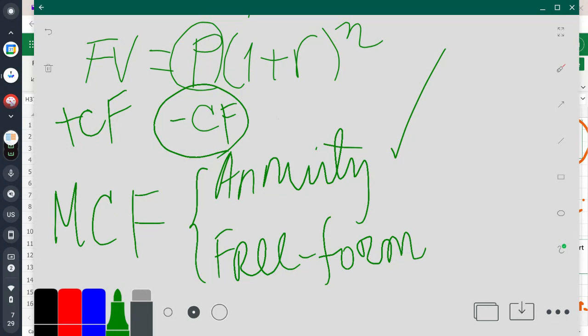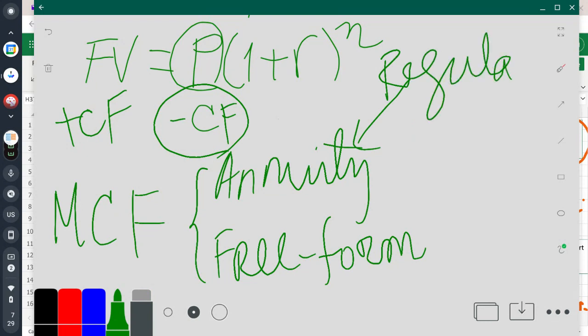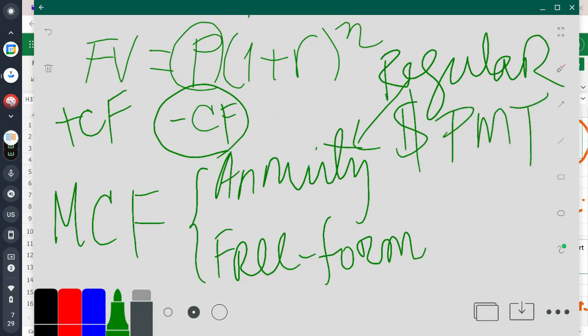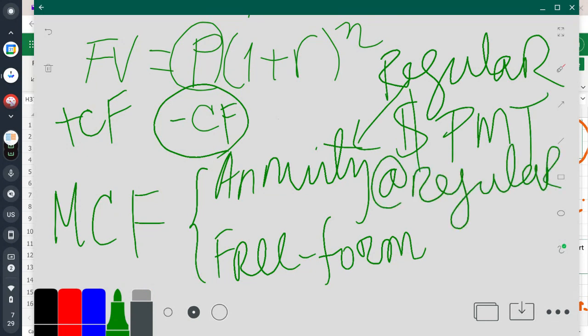Okay, that's annuity. Regular amount paid or deposited at regular interval.